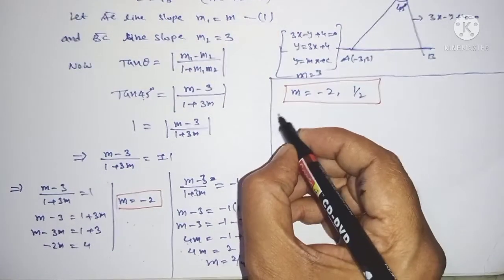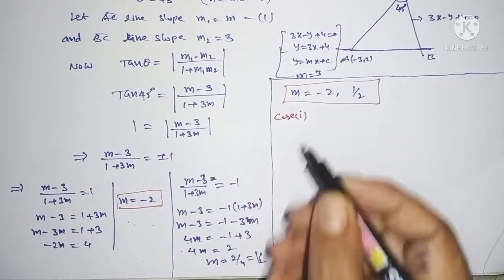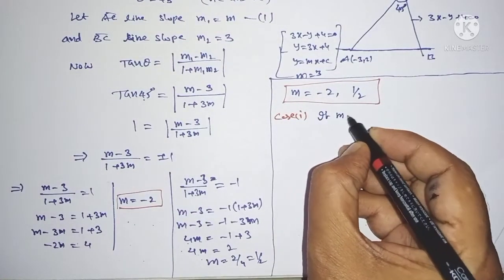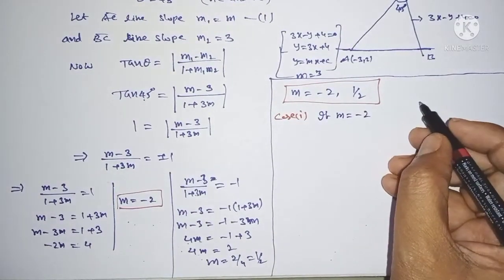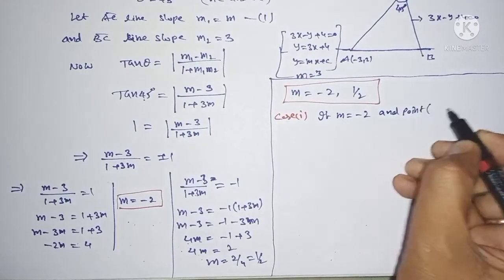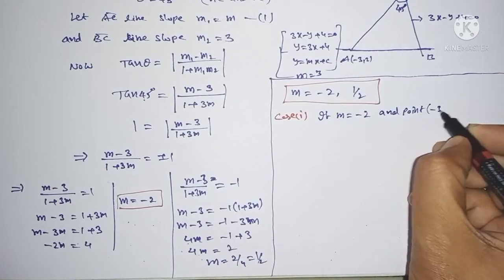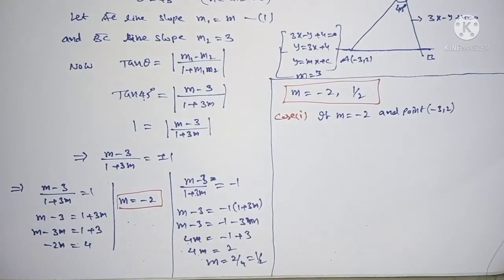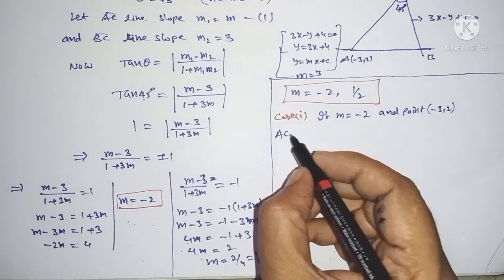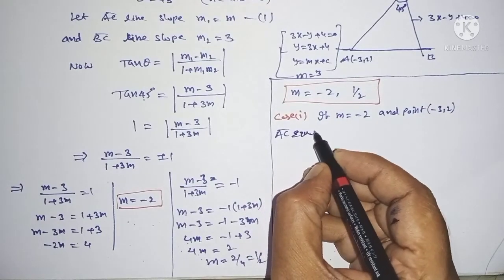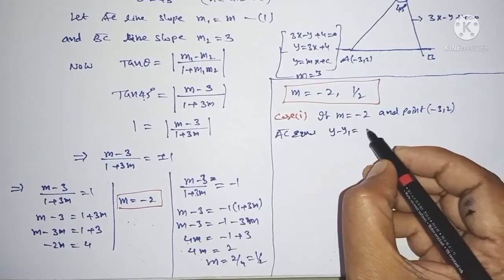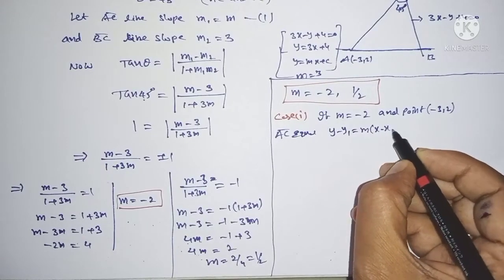You have the case one. First, if m is equal to minus 2 and the point is minus 3 comma 2, what is the equation? You can write your equation as y minus y1 is equal to m into x minus x1.